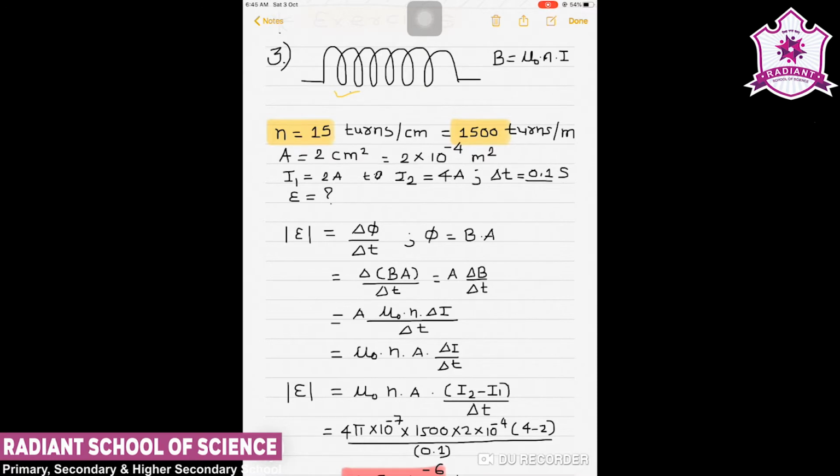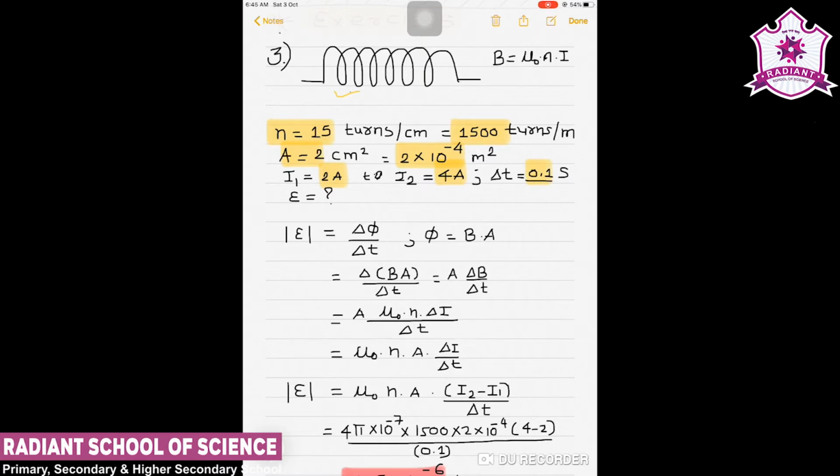Area is given as 2 centimeter square, so it turns out to be 2 into 10 raised to minus 4 meter square. They have also given that the current steadily changes from 2 ampere to 4 ampere in a 0.1 second time period.